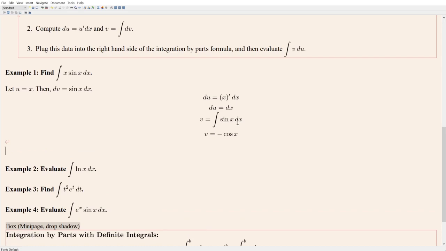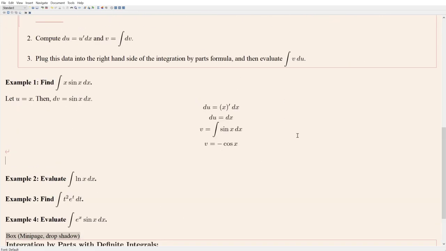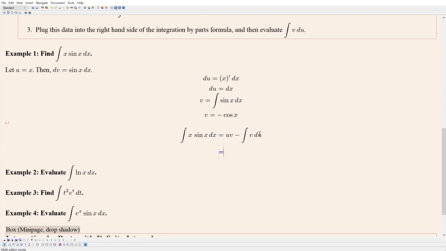Okay, so now that we have all the ingredients, let us fill in the right-hand side of the integral. So uv minus integral v du. So u is x, v is minus cosine x, minus integral v, so minus cosine x again, du.